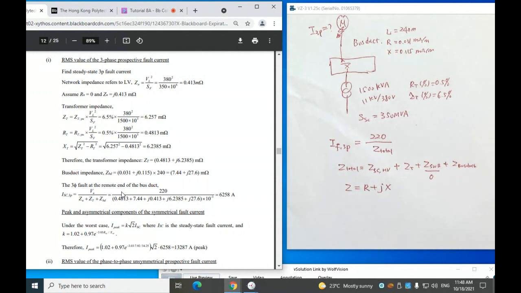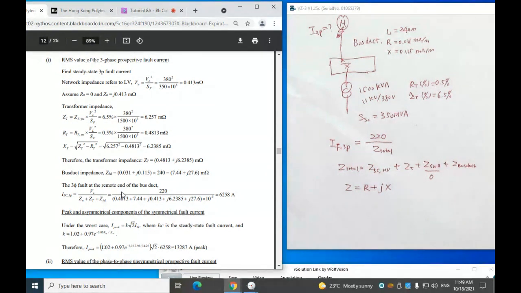Here we do not have such detail, but suppose you know how to do that, as this is very fundamental math knowledge. After the calculation, the 3-phase fault current is equal to 6.258 kiloampere. Again, you can say 6.3 or 6.26 kiloampere, which will be fine.